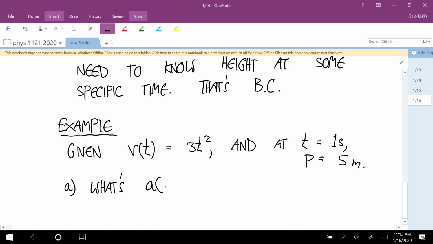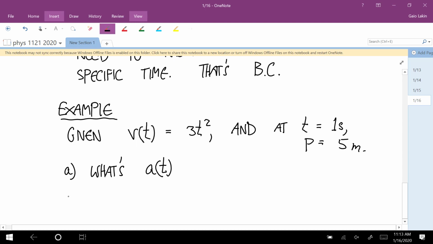What's the acceleration as a function of time? And what's the position as a function of time?